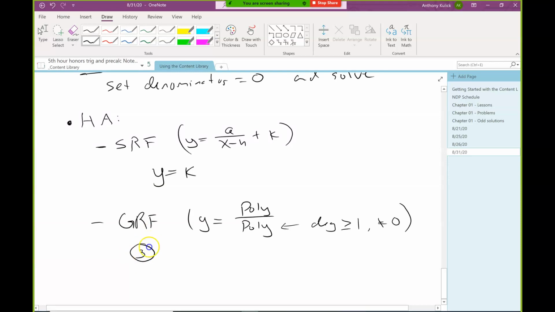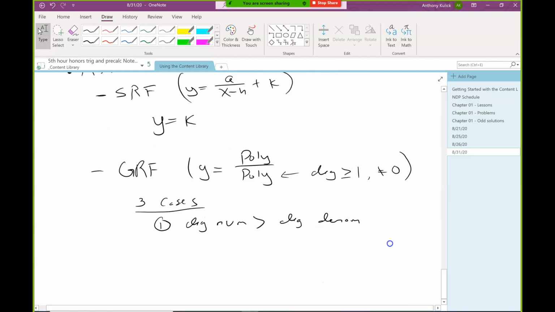there are 3 situations to worry about. The first case is when the degree of the numerator is greater than the degree of the denominator. I abbreviated numerator as NUM and denominator as denom.